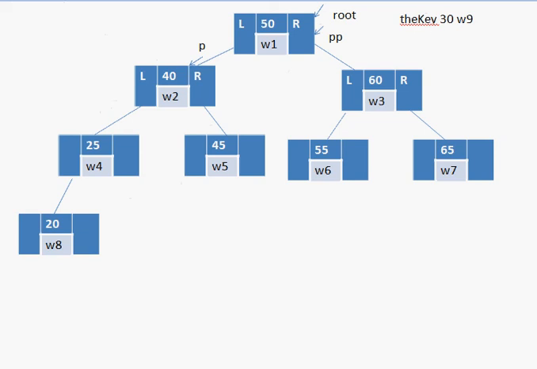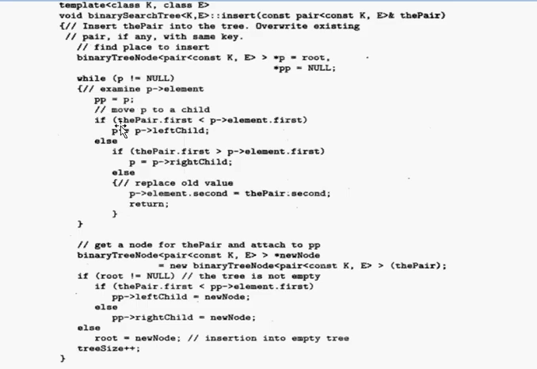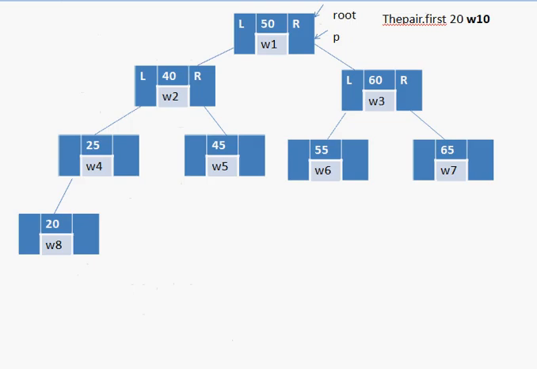So again compare the pair dot first, which is 30, with the p element dot first. Okay, so you have this condition here: is the pair dot first, which is 30, less than p element dot first? p element dot first value is 40, the condition is true.